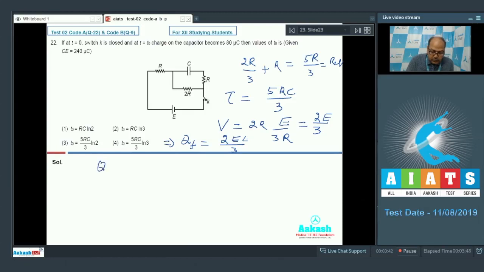So the value of final charge is 2 by 3 of 240, that is 160 microcoulomb.